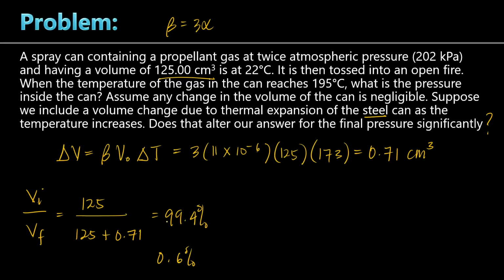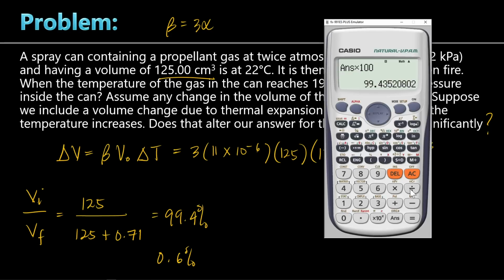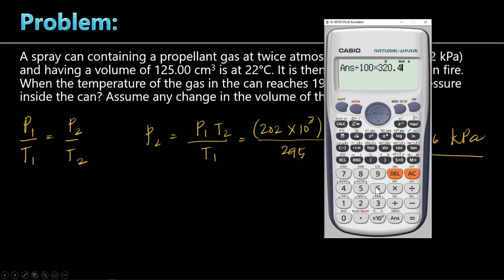So para malaman mo ang final pressure, di dapat 99.4% lang yan nung initial pressure. Diba? What is 99.4%? Ayan. Divide lang natin to ng 100. Tapos i-multiply natin dun sa sagot kanina na magkano? 320.46 kilopascals. Okay. So, 318.65. Ayan.